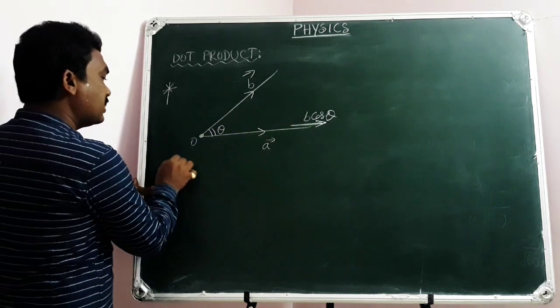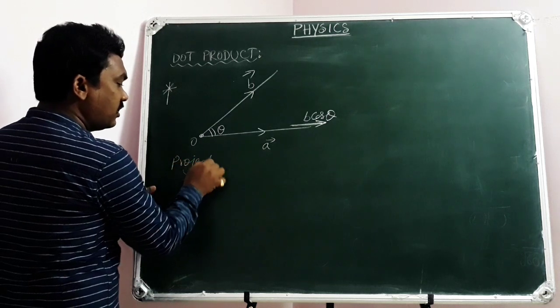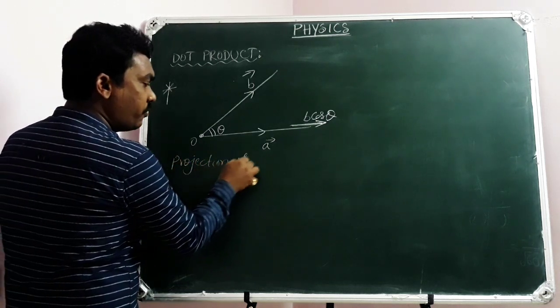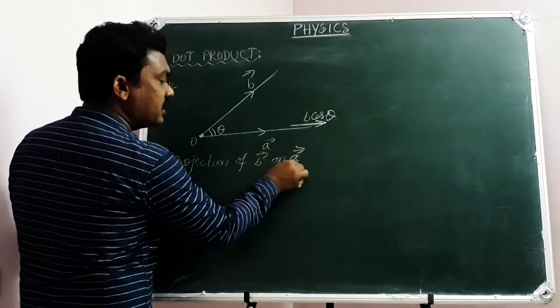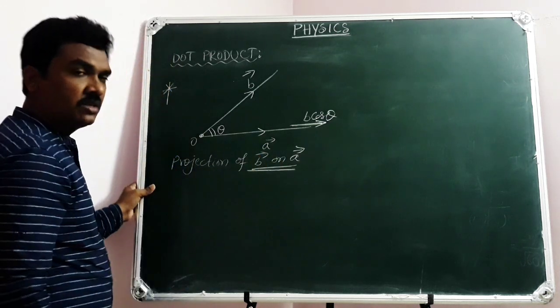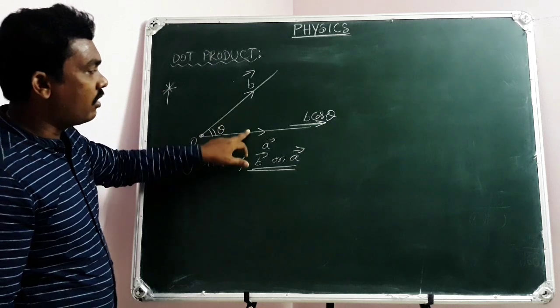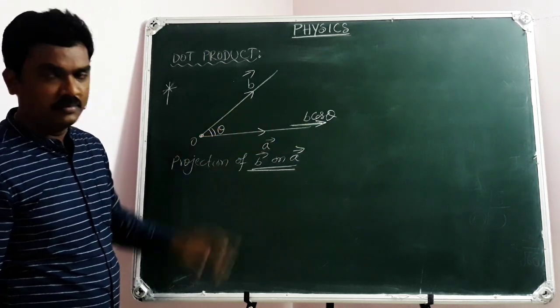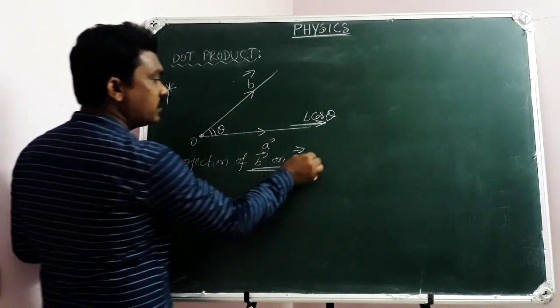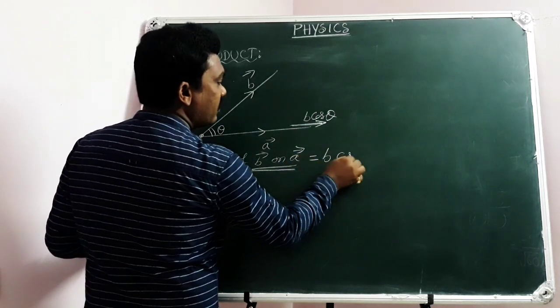Of course, we call it the projection of B bar on A bar, because you know a component is nothing but a projection. Projection of B bar on A bar is B cos theta when B bar is at an angle theta.